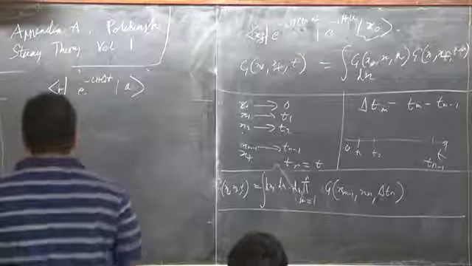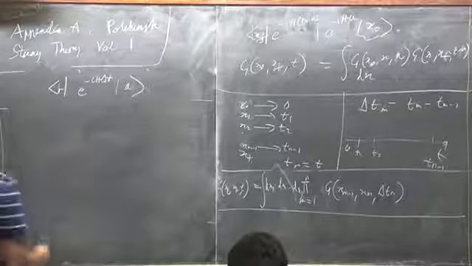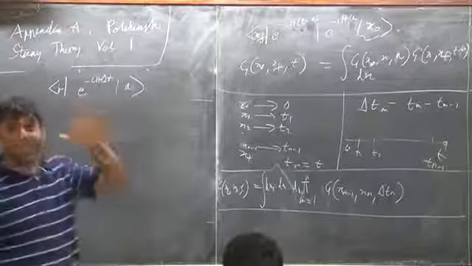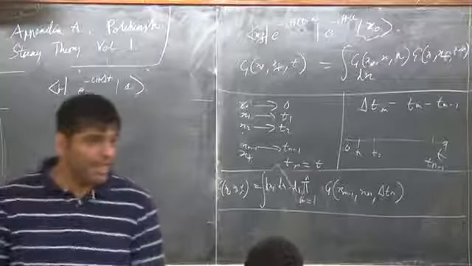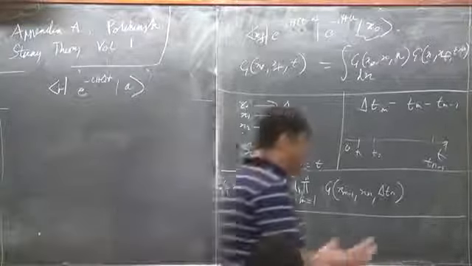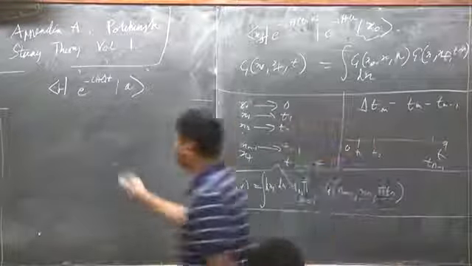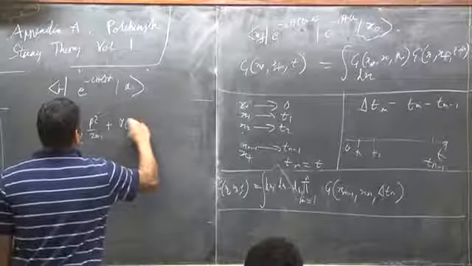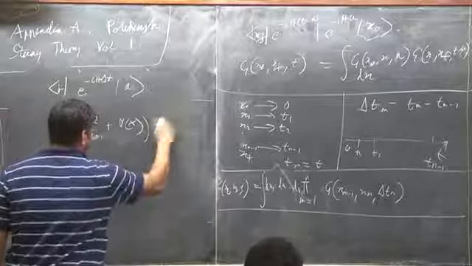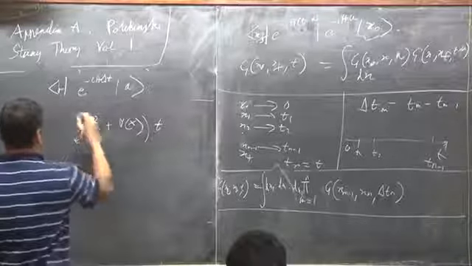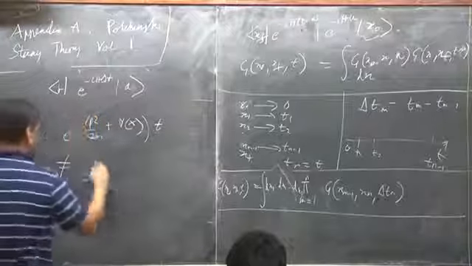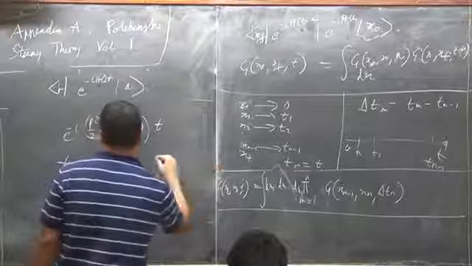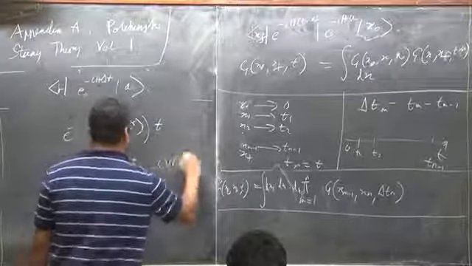Okay? And the other way to do this computation goes as follows. I rubbed out this H, but you remember it's p squared by 2m plus V of x. And the first thing to remember is that in general it's not true that e to the power minus i times (p squared by 2m plus V of x) times t is equal to e to the power minus i p squared by 2m times t, times e to the power minus i V of x times t.